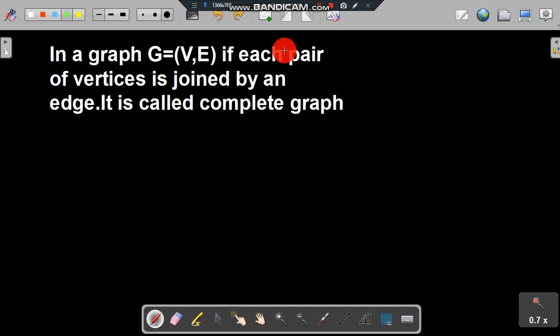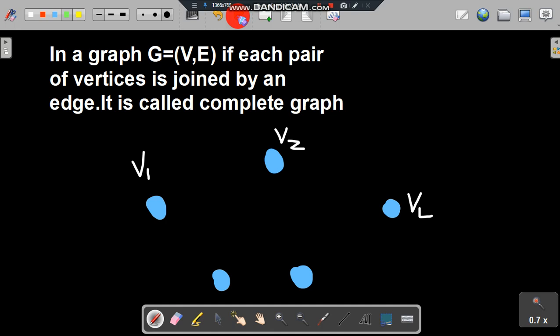Now look at that. This is one vertex, this is another vertex, this is the third vertex, fourth vertex, fifth vertex. I am calling them V1, V2, V4, V5 and V6. Now I am joining each and every vertex by edges.